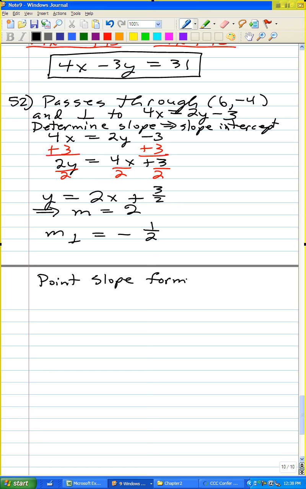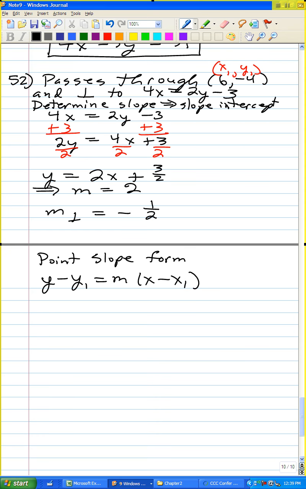So I'll use the point-slope form. Let's call this x1, y1. And so y minus y1 equals m times x minus x1. And so y minus y1, -4, so that becomes a positive 4, equals m, -1/2, times x minus x1, 6.